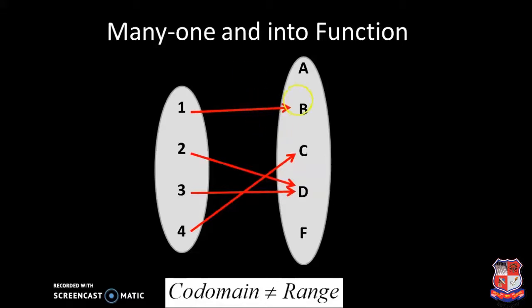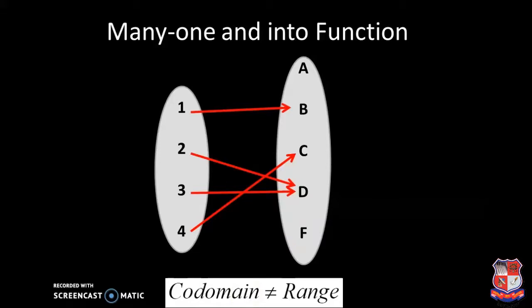Right. So first I'm checking what is the range here. The range here is B, C and D. Okay, B, C and D are the values in range. But for the codomain, it's A, B, C, D, F. Okay, means codomain does not equal to a range because A and F are the values of codomain.